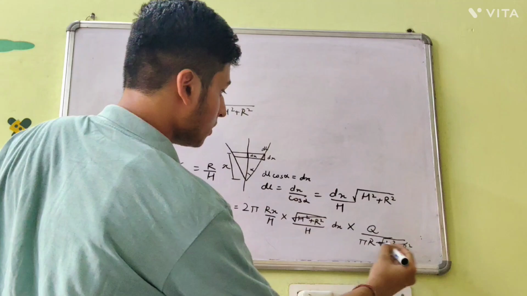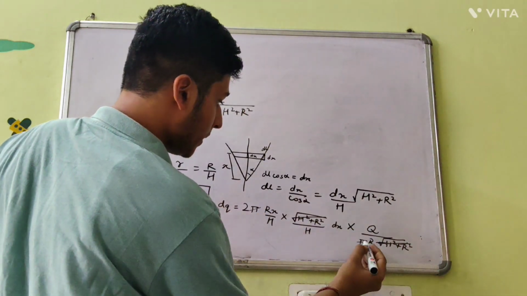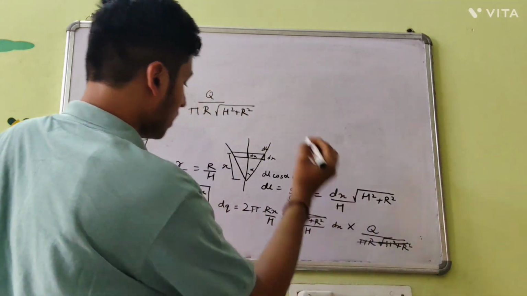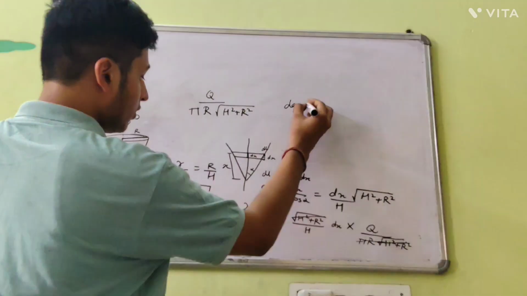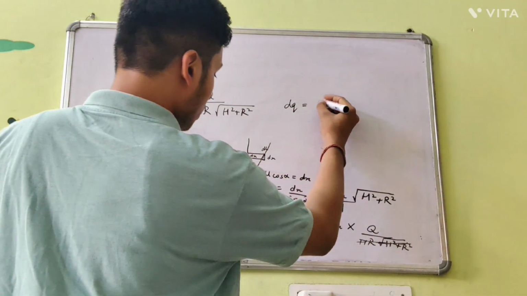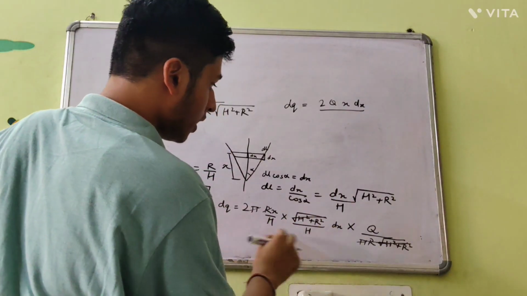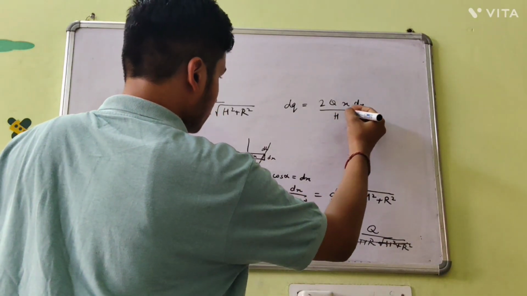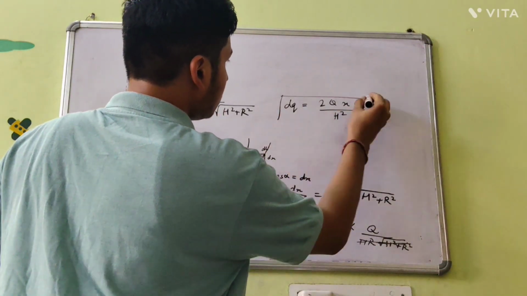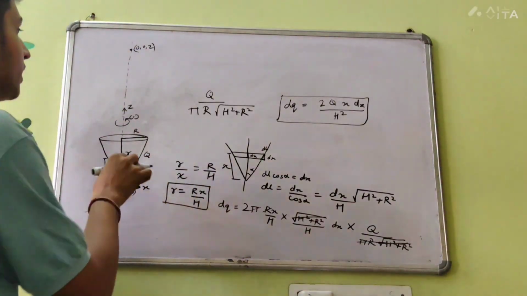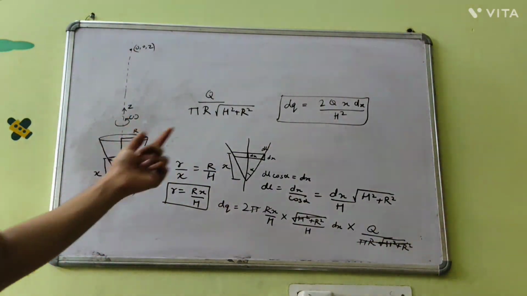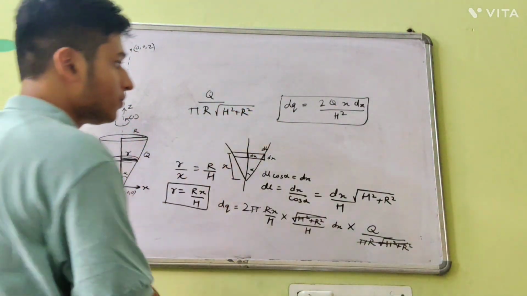This will cancel out, pi R. So dq will be 2qx dx over h square. This is the charge on this small ring.